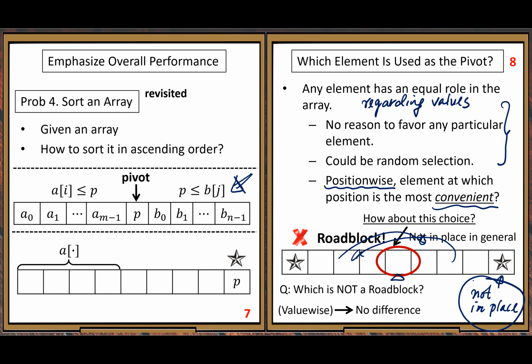Then we should get an A subarray and a B subarray, and the elements in those two subarrays are arranged like this.